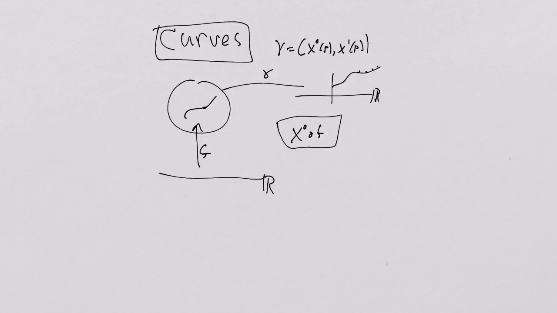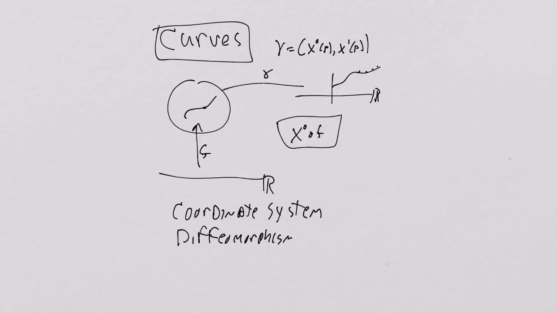So we talked about curves, we talked about coordinate systems, we talked about diffeomorphisms. I feel like we talked about one other thing. But no, I think actually that is it. So the next lecture, we are going to talk about tangent spaces.